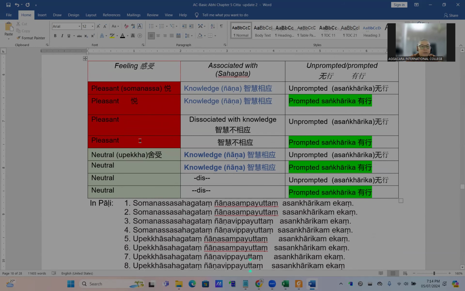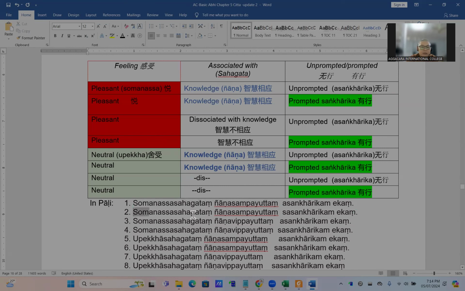Okay. So 4 pleasant feeling, 4 neutral feeling. So the first line you learn is this one. Somanasa sahagatam, associated with the feeling, right? Maybe accompanied with the feeling is better, all right? So associated with the knowledge, jnana sampayutam. Asankarika means unprompted.